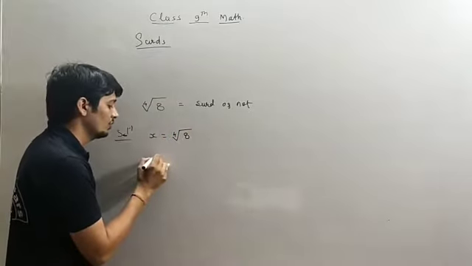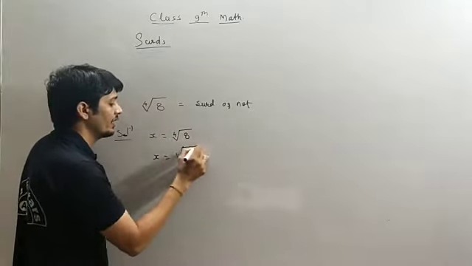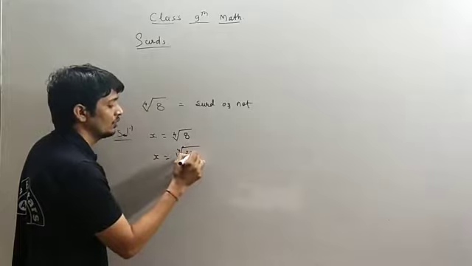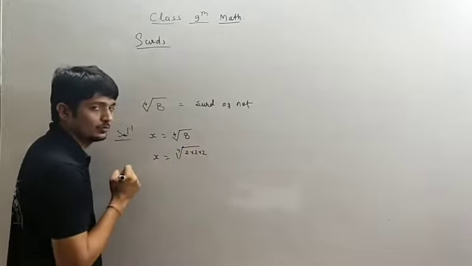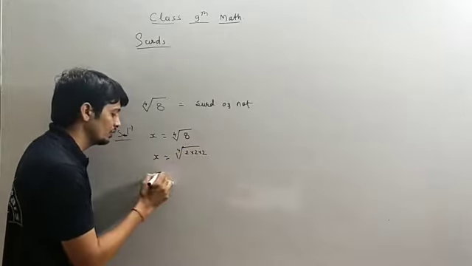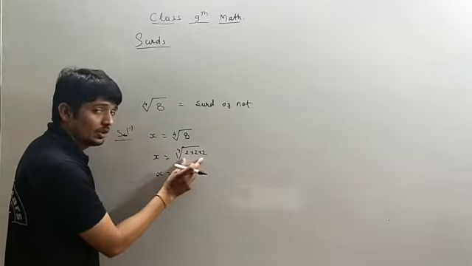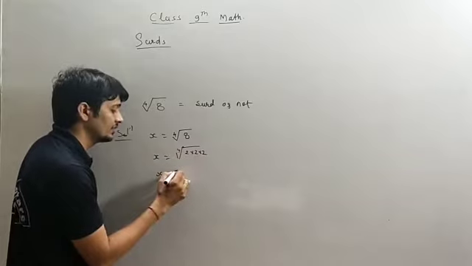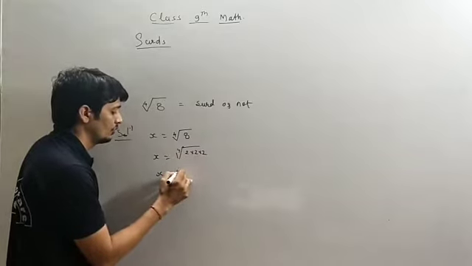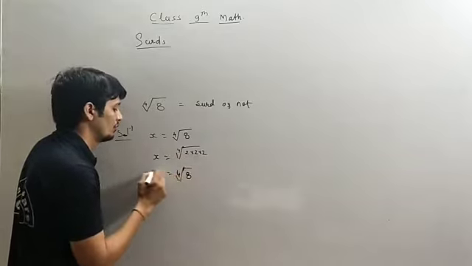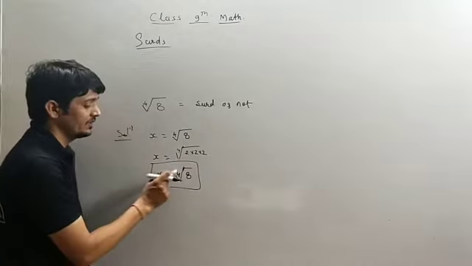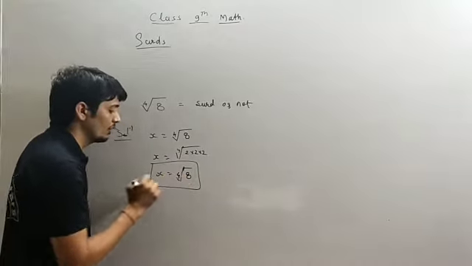Okay, so x equals, we can write it as 2 into 2 into 2. Is this going to solve? No. That means here it is 4.